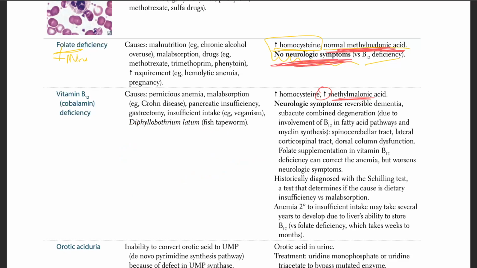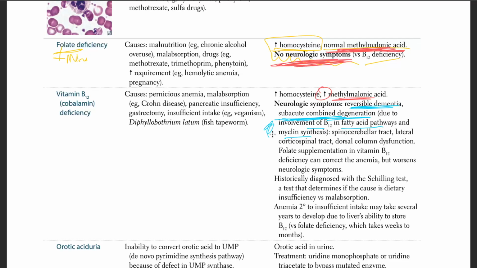Okay, now let's look at the neurological symptoms. What are the neurological symptoms we can have in vitamin B12 deficiency? Well, it's going to be reversible dementia, subacute combined degeneration of the spinal cord due to the involvement of B12 in fatty acid pathway and myelin synthesis.